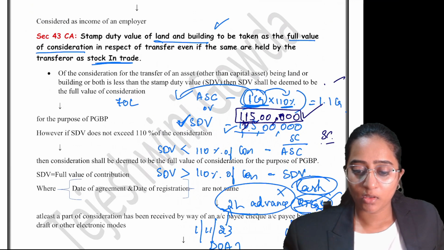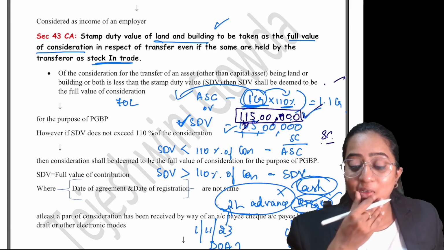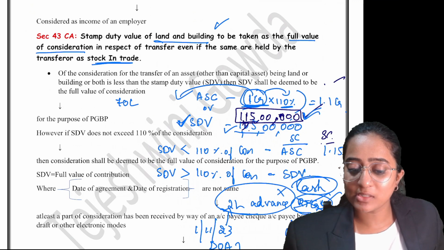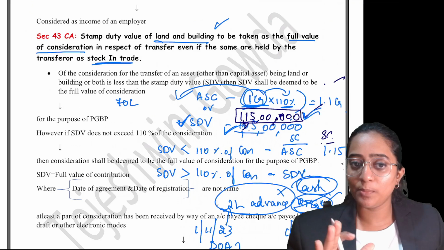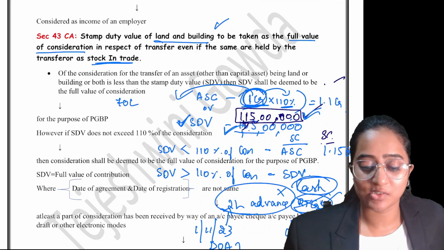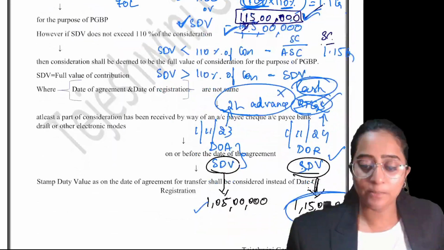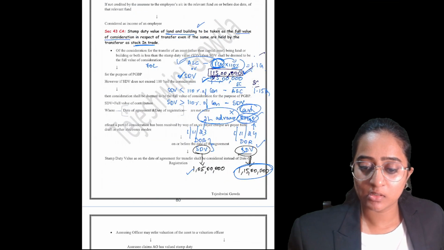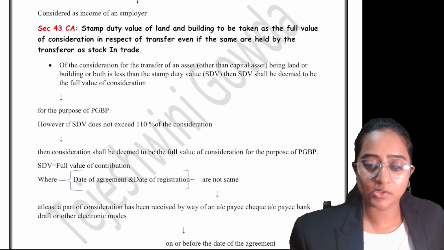Clear? If you are considering 1 crore 15 lakh, you are going to consider your actual sale consideration to be only 1.15 crore. If you consider 1 crore 5 lakh, just an example, people, you're going to consider 1 crore because it is within 110% of the consideration. Clear, everyone? So this is the 110% of the consideration.